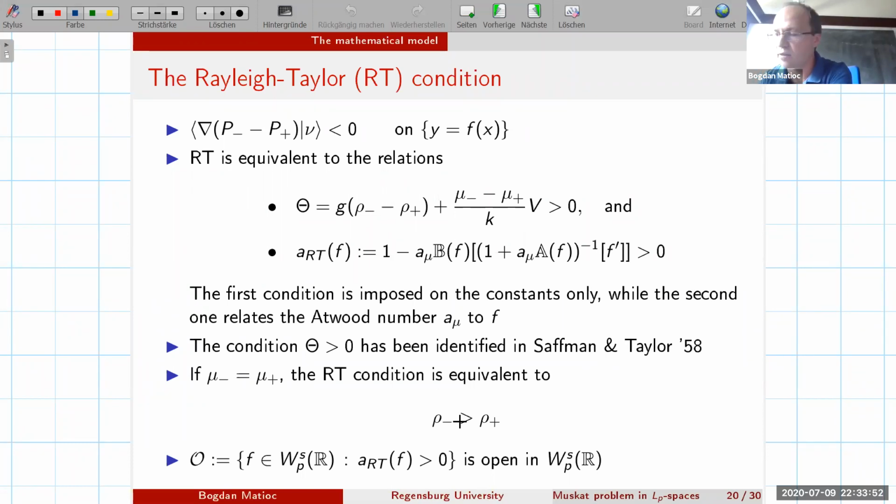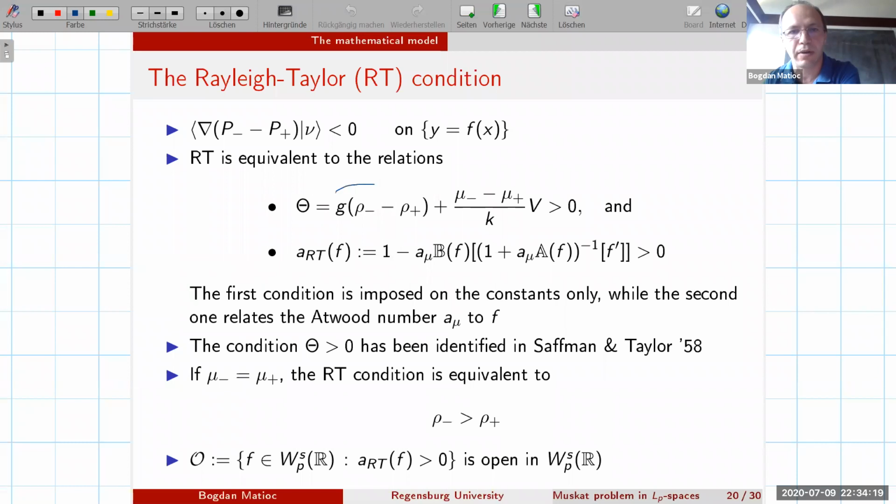So an important condition for the Muskat problem is the Rayleigh-Taylor condition, RT for short, which says that the gradient of the pressure should have a negative jump in normal direction at the interface. In this setting, the Rayleigh-Taylor condition is equivalent to two relations. The first relation is that this constant theta should be positive.